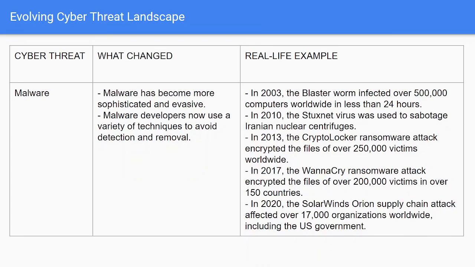Malware. Malware has become more sophisticated and invasive. Malware developers can now use a variety of methods to avoid detection and removal. So malwares have become more invasive in the sense that they have made it quite difficult for even antiviruses and anti-malware to detect some malwares.